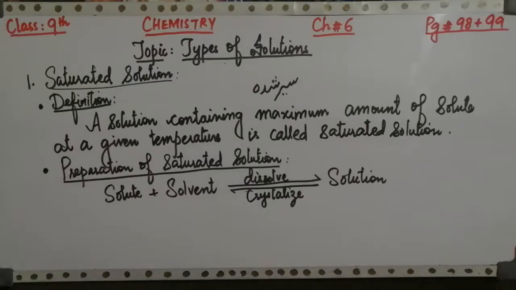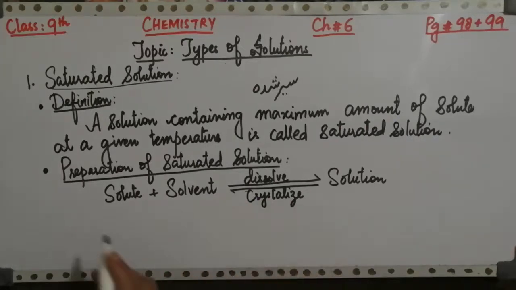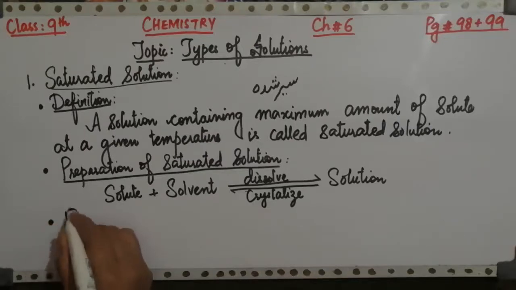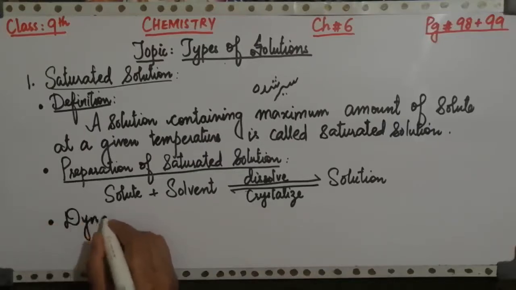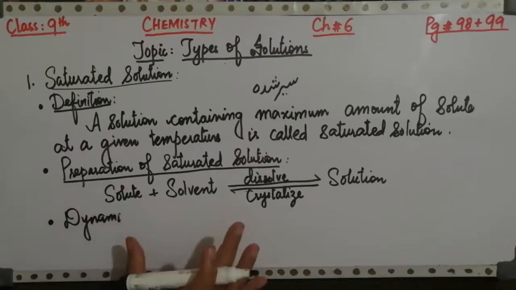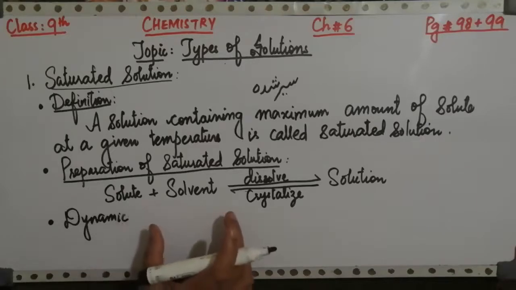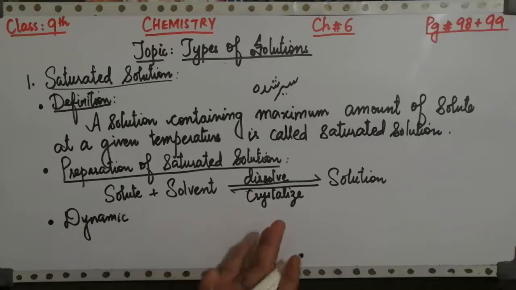So it is clear from this sort of reversible process that on the particle level a saturated solution is the one in which undissolved solute is in equilibrium with the dissolved solute.